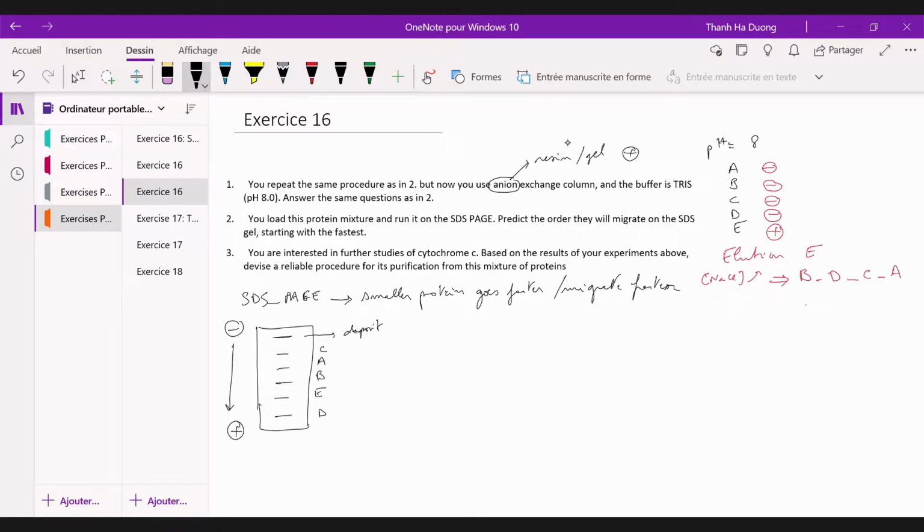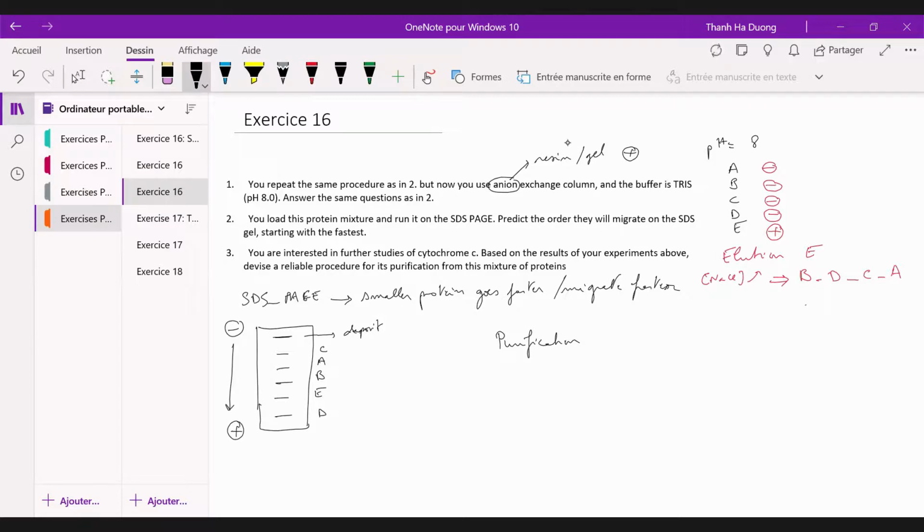And so, the last question: you are interested in further study of cytochrome C based on the result of your experiment. Which purification is the more accurate? I think it's the anion exchange column. Yes.